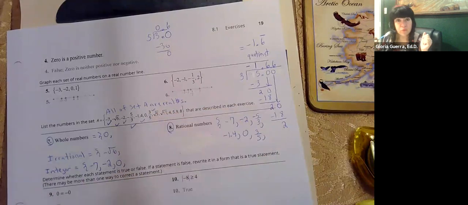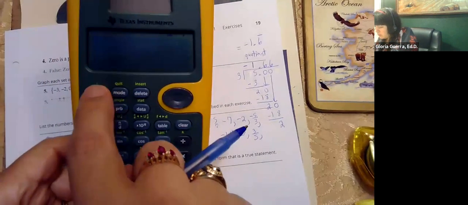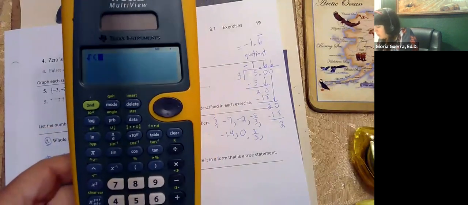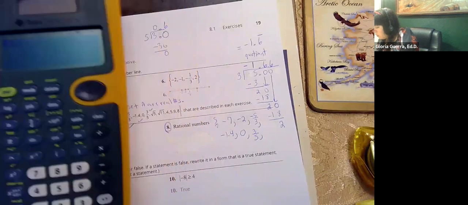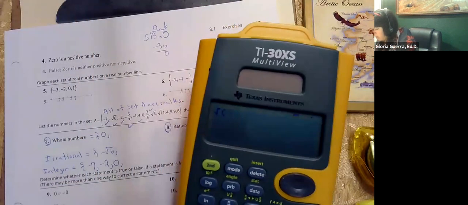Okay, then we have the square root of 5. I think that's going to be a decimal, right? Use the calculator, second, and then the x squared key, and the square root of 5.